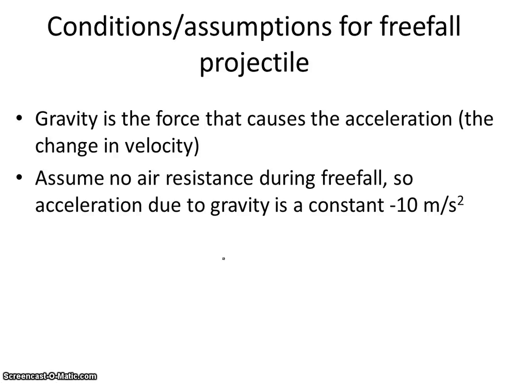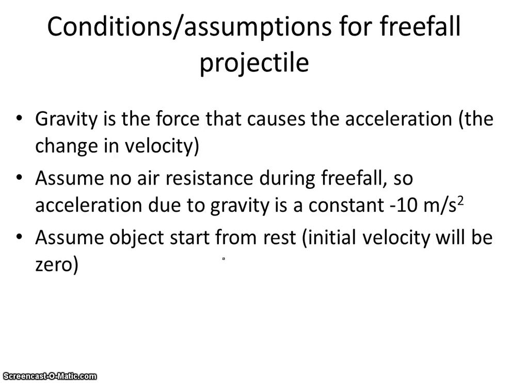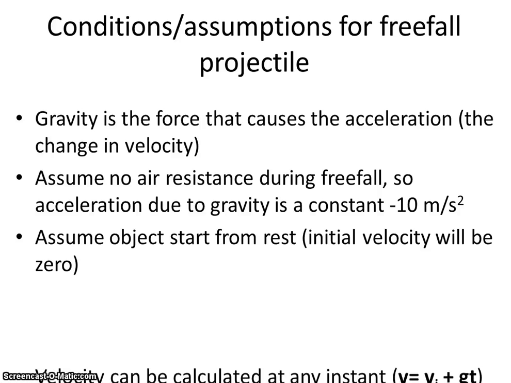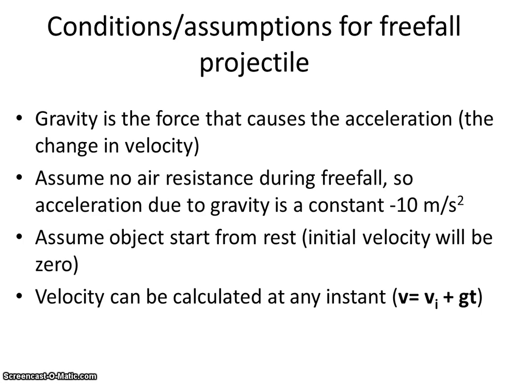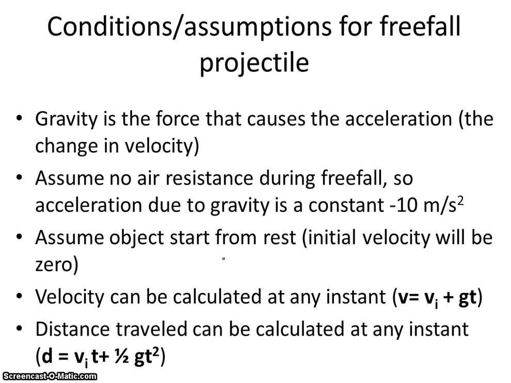An object will not reach its terminal velocity in any of the problems that we're dealing with. For this part of the notes, the initial velocity will be 0 if an object falls from rest. And these are our two formulas. Notice how I went ahead and substituted a g for the a, just to show you that the only thing causing the acceleration is the acceleration due to gravity because of the attraction of the gravitational forces.